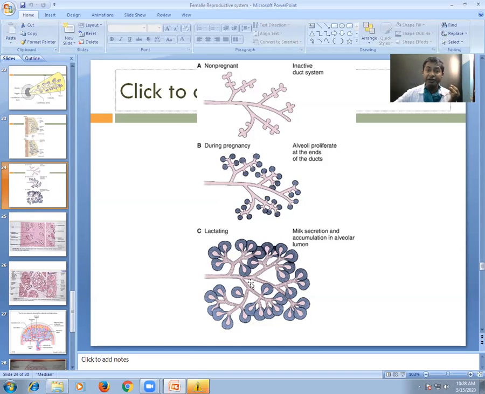So that is the difference: non-pregnant, only duct system; during pregnancy, proliferation of the duct system; and lactation, proliferation of the duct system as well as acini. More acini are located in the lactating. So this is known as the active mammary gland, and this is known as the inactive mammary gland.